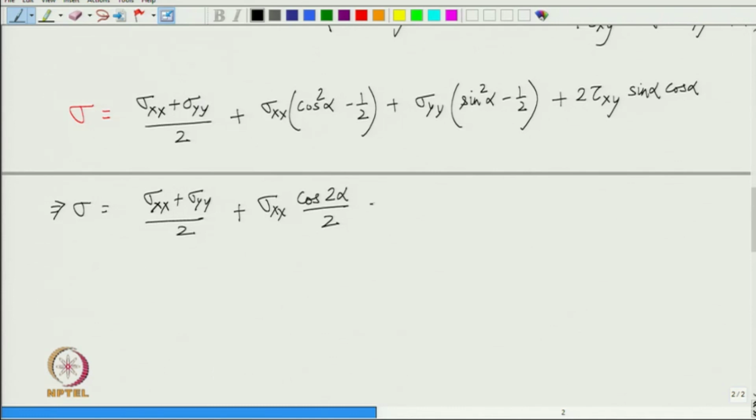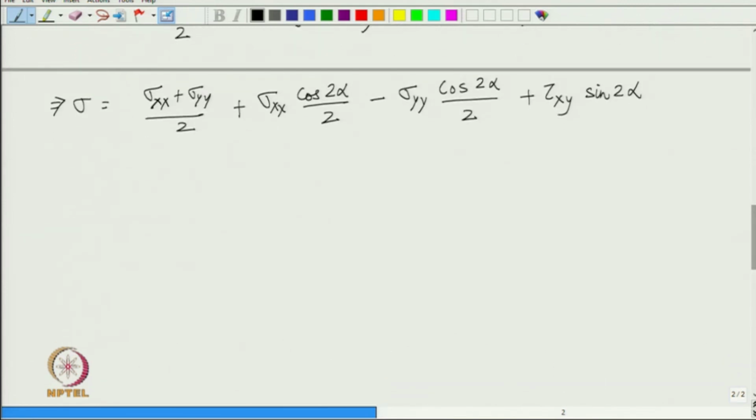So, this is minus sigma y y cos 2 alpha by 2, okay. And then the last one, 2 times sin alpha cos alpha is sin 2 alpha. So, this is simply tau x y into sin 2 alpha, all right.